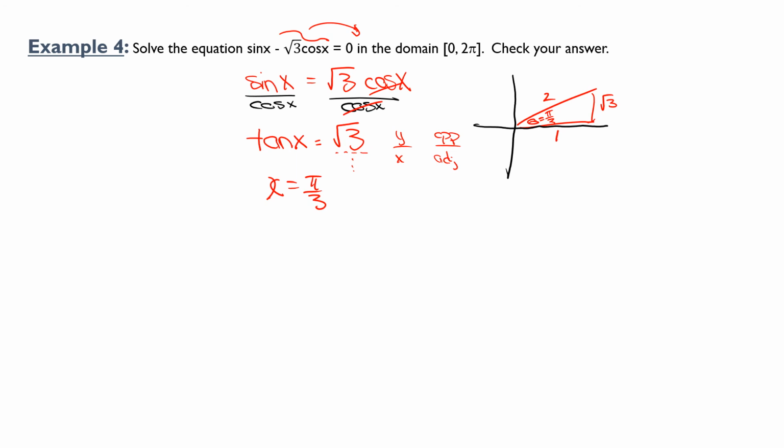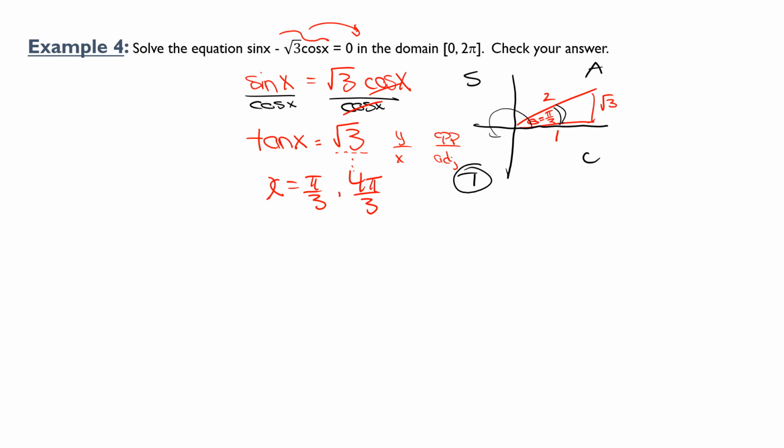CAST rule. Tan is positive down here in quadrant 3. So you take your pi over 3 angle, you throw it down there in quadrant 3, and you rotate around to it, and you get 4 pi over 3. x is equal to pi over 3 and 4 pi over 3.